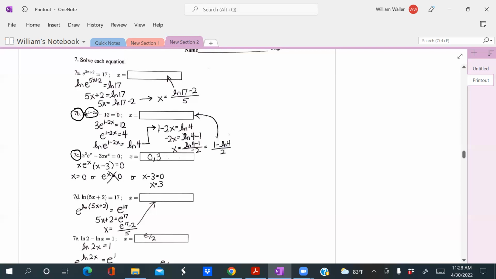So on the left-hand side, you don't get this complicated expression, you just get 1 - 2x. On the right-hand side, you get natural log of 4. So we have 1 - 2x = ln 4.